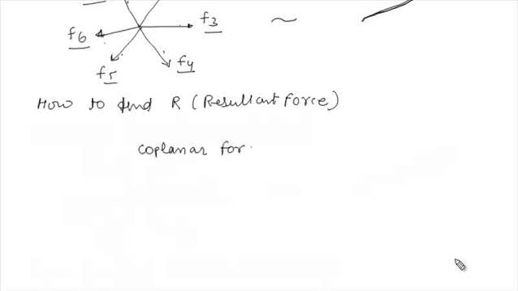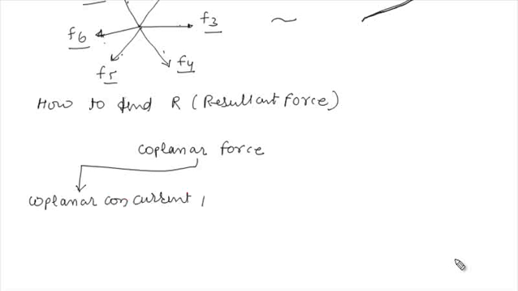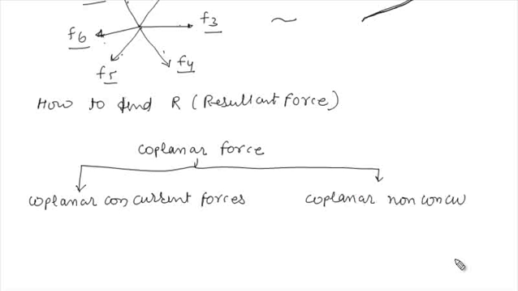In coplanar forces, we have two categories: coplanar concurrent forces and coplanar non-concurrent forces. For these two kinds of systems of forces, we have to find the resultant R.